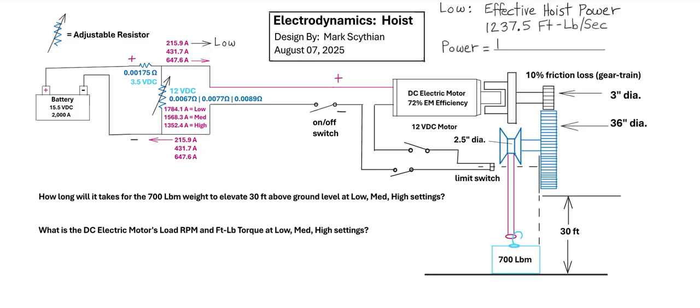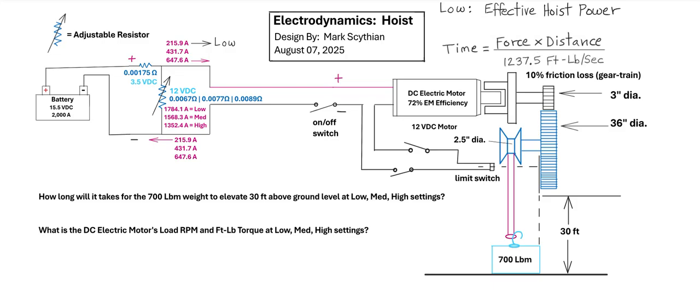So the next step is to define what mechanical power is in this case. So that is force times distance, in this case foot-pounds, over time, seconds. So we can solve for time algebraically.